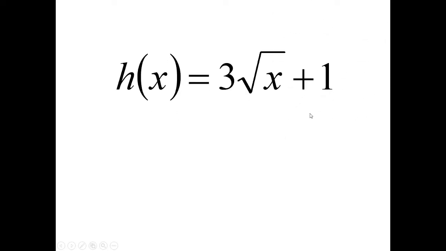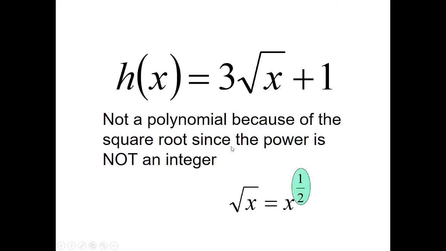The third, is this a polynomial or not? It's not, because of the square root, because the power is not an integer. When we express square root of x as a fractional exponent, you will get x raised to the 1/2, and 1/2 is not an integer.